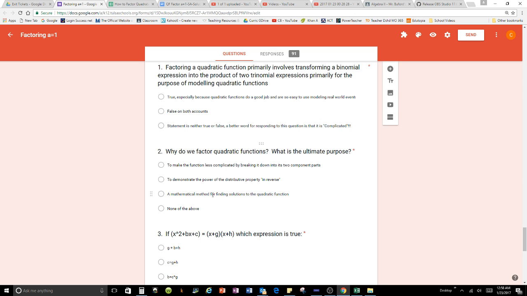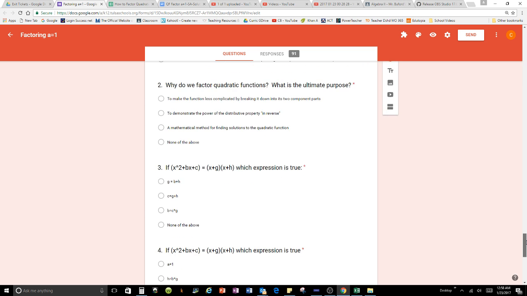So the answer to this is a mathematical method for finding solutions to the quadratic equation. That's the answer. We want to be able to use factoring to make the process of finding solutions to quadratic equations easier. Okay, so let's move on down to number 3.